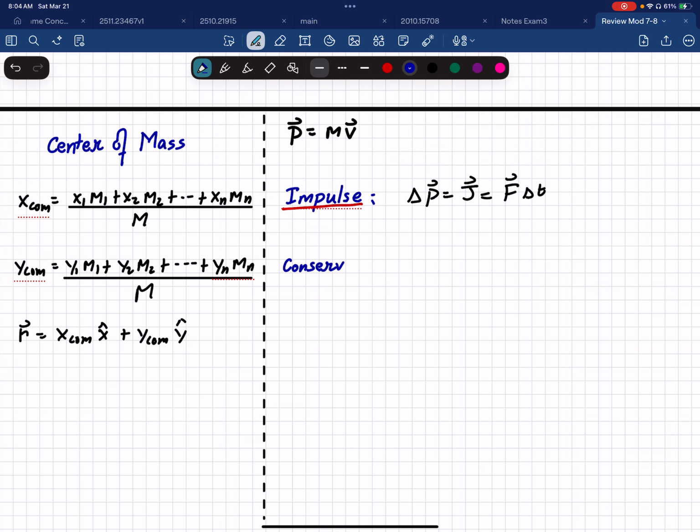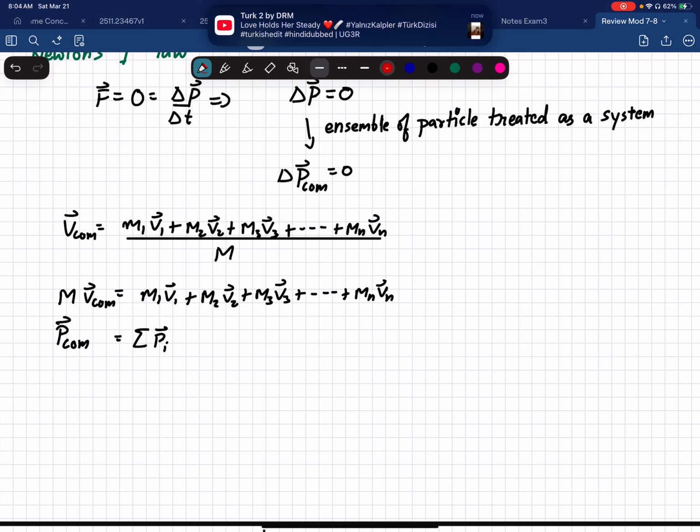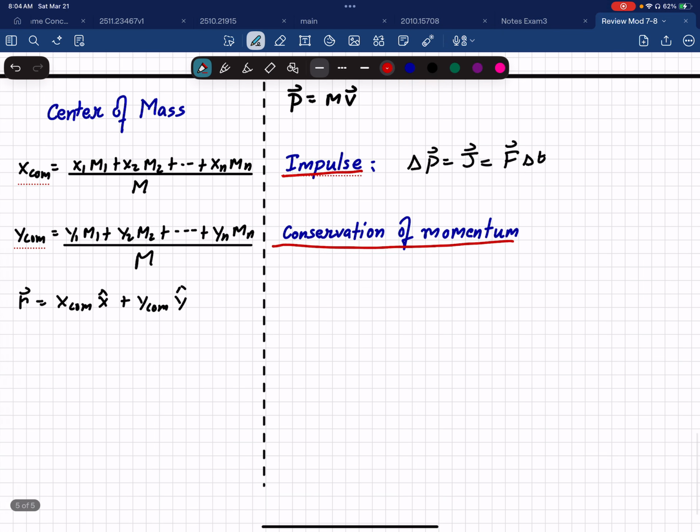Now, conservation of momentum is nothing but taking the above expression with F going to 0. But now we are not only applying the conservation of momentum to an individual particle, but also to an ensemble of particles. So conservation of momentum comprises delta P is 0.